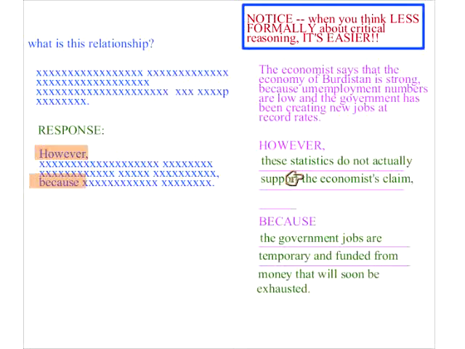Okay, so what's going on here is basically the economist is making an argument, but then we're saying it does not support the economist's argument. Same statistics. So what that means is this is a problem where we're trying to weaken the argument.